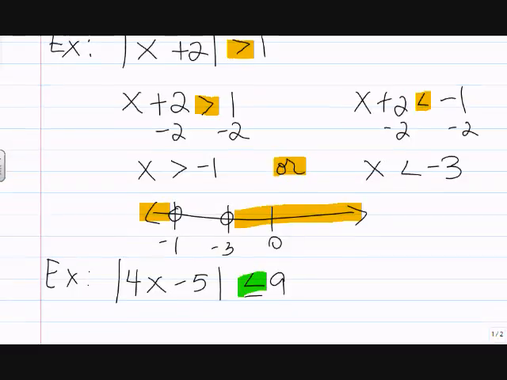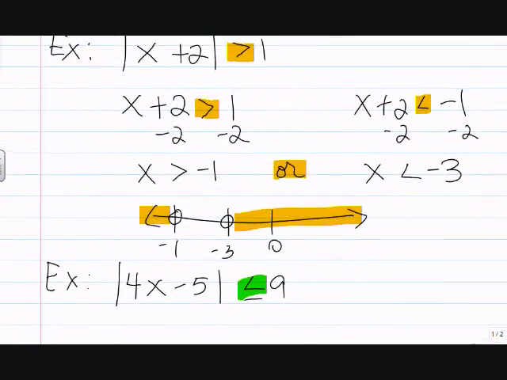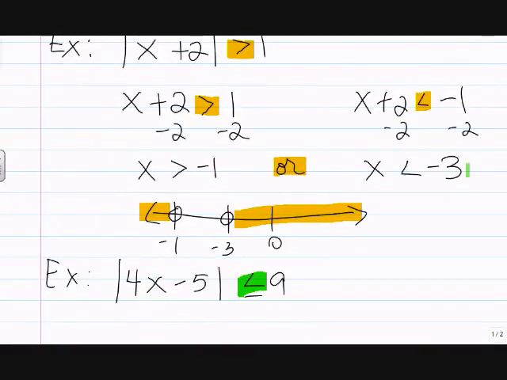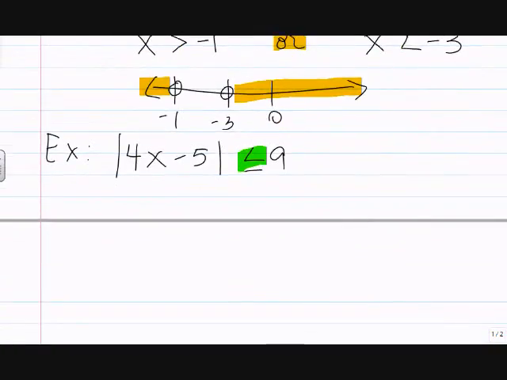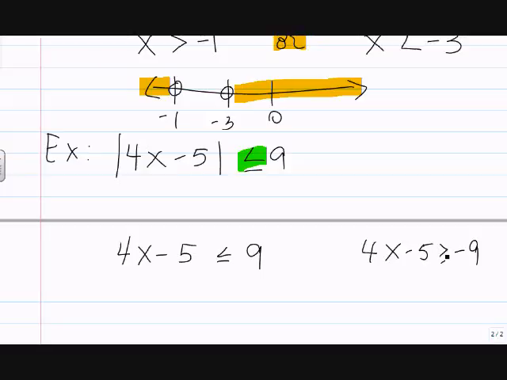Okay, so with the less thans, I'm still going to turn them into two inequalities to solve. 4x minus 5 and 9, and 4x minus 5 and negative 9. But when I have the less thans, I'm going to do the less than, or the less than or equal to, with the positive number, and I switch it to the greater than or equal to with the negative number.